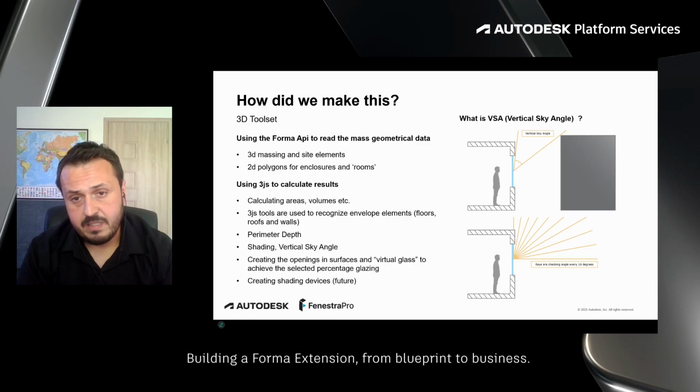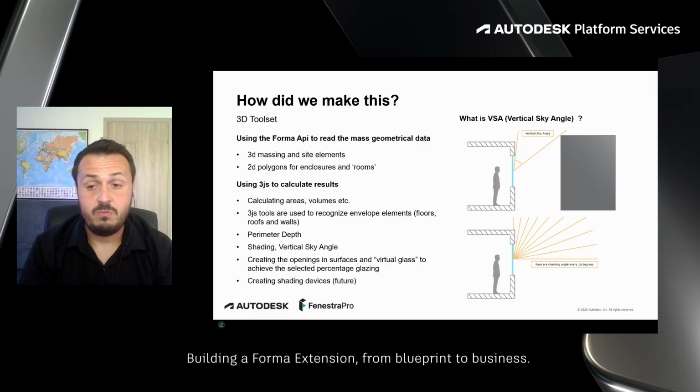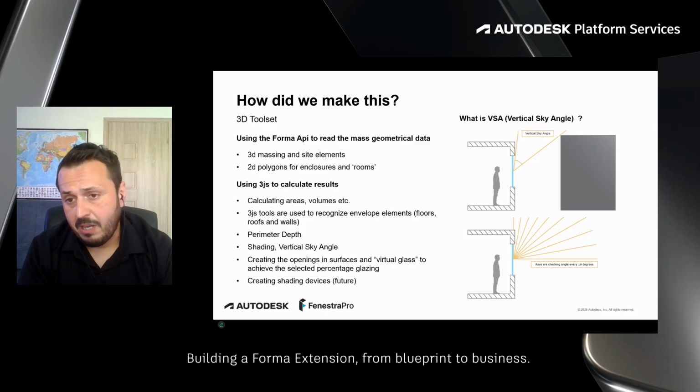I can have obstacles. Let's say I can have surrounding buildings that we are exporting from the Forma environment, which can make that angle lower from below. Also, my visibility can be blocked from above. For example, we can have balconies or shading devices.